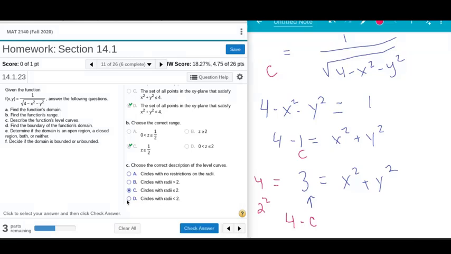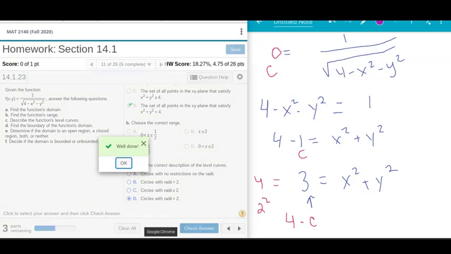So this is actually going to be part D, circles with the radius less than 2. It's never actually going to equal radius 2, because if I plug in a 0 for what our function equals, this is really never going to be 0, and therefore the radius would never actually equal 2. It's going to be strictly less than 2.